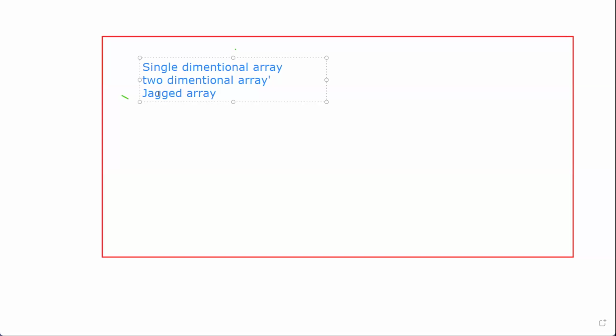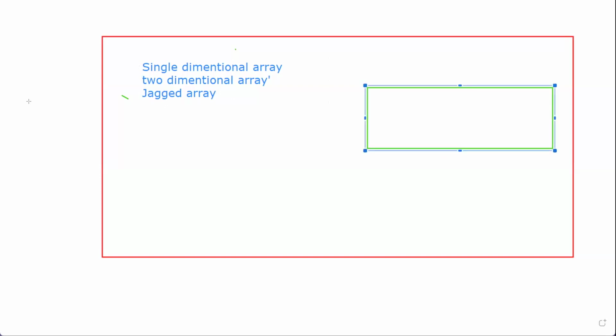But mostly, two-dimensional arrays are data structure related. You see the Excel sheet, all of you know, right? In Excel, the data is organized in the Excel sheet or CSV sheet in the form of rows and columns.